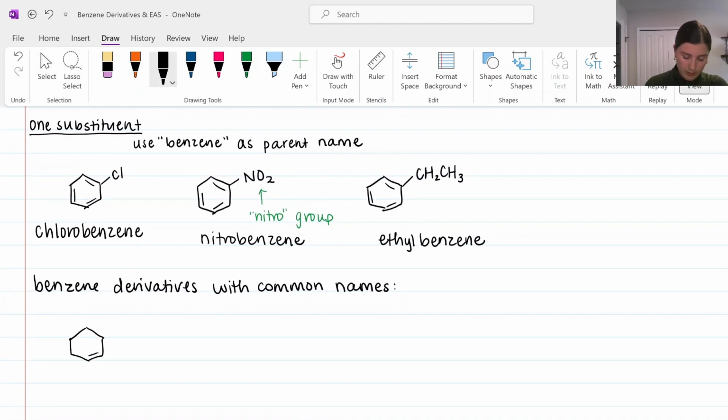Here's an example for this first one. So if we just have a methyl group as a substituent on benzene, the IUPAC name would be methylbenzene, but the common name is toluene. And so that toluene is actually used in names when we're talking about benzene derivatives. So these are names that you also want to commit to memory. So we have toluene.